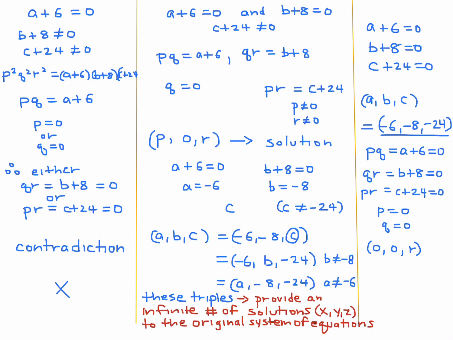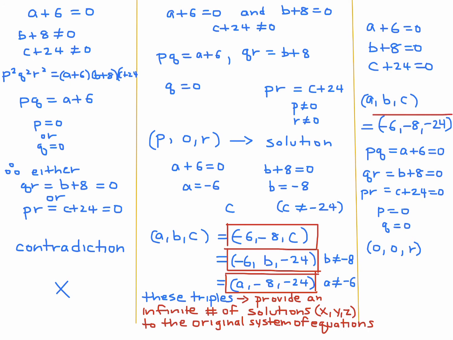All right, so basically any triple that's of the following forms: minus 6, minus 8, C; minus 6, B, minus 24; A, minus 8, minus 24; and then the last one, which is minus 6, minus 8, minus 24, they will all provide an infinite number of solutions X, Y, Z to the original system of equations.